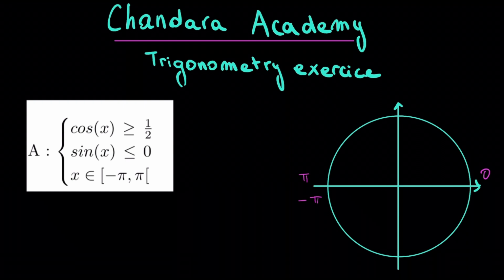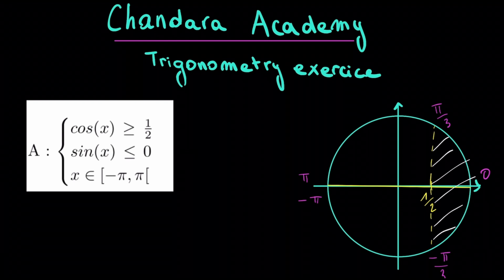First, we read the cosinus on this axis. 1 over 2 is over here, and it corresponds to the angle pi over 3, but it also corresponds to the angle minus pi over 3. So to fulfill the first inequation, our cosinus has to be in the white zone.